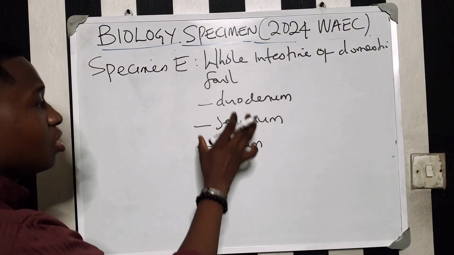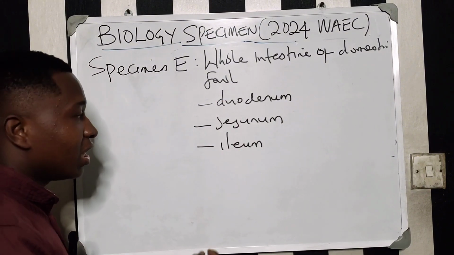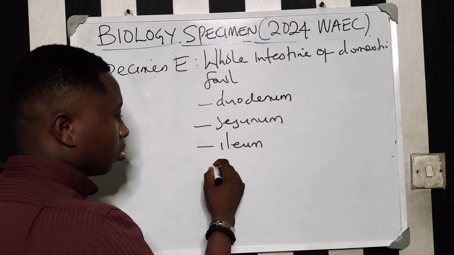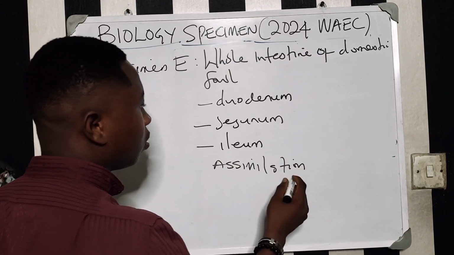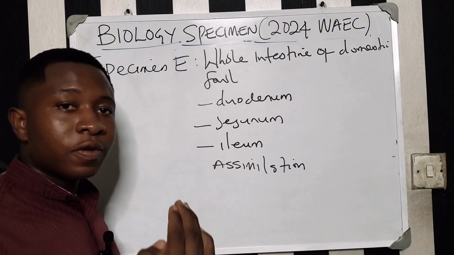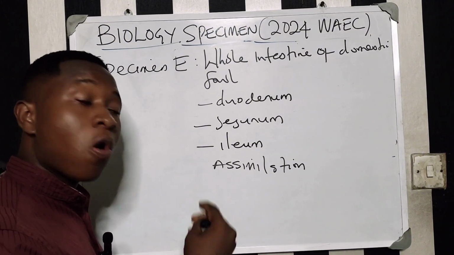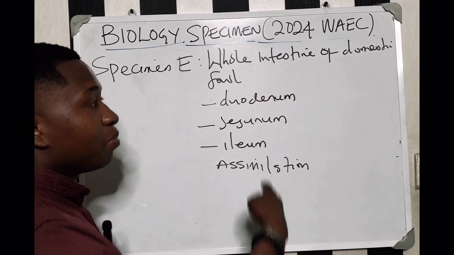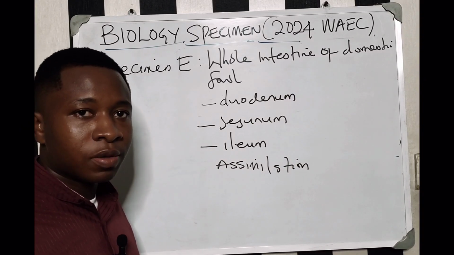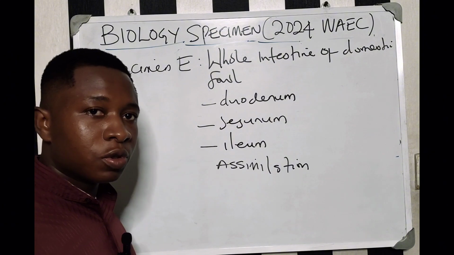These three parts function in assimilation of food. When the food is eaten and gets to the intestine, the intestine begins to extract the nutrients from the food.